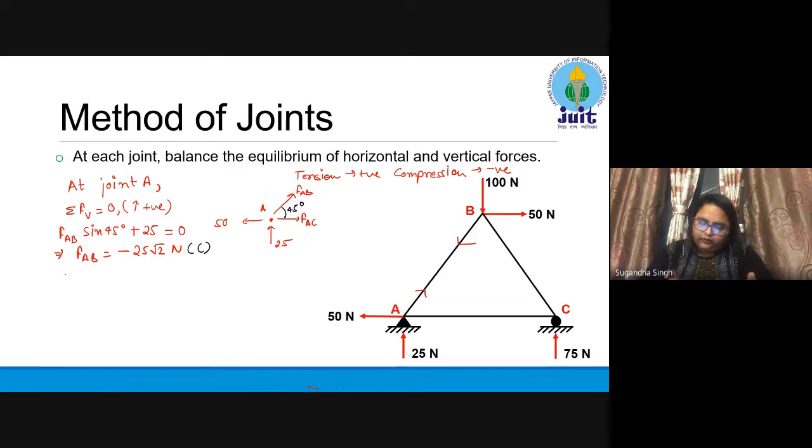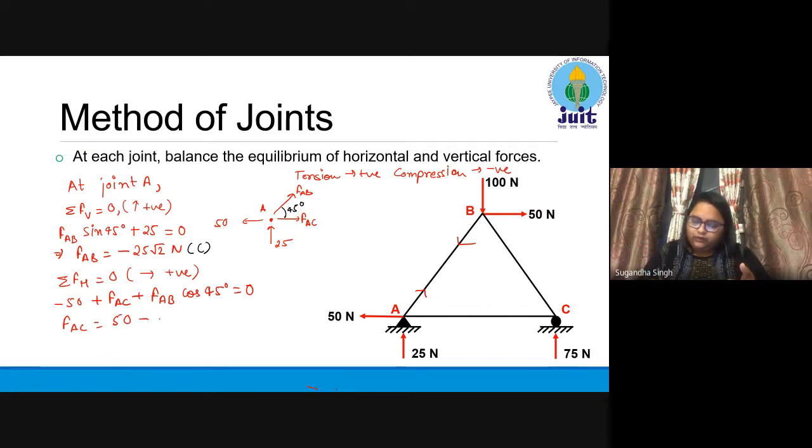Moving on to next equilibrium, FH is equal to 0, assuming this direction is positive. We will find negative 50 plus FAC plus FAB cos 45 degree equal to 0. So this will be FAC is equal to 50 minus FAB, FAB is minus 25 root 2.